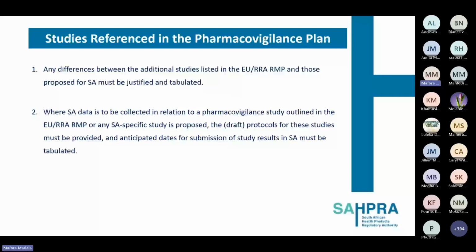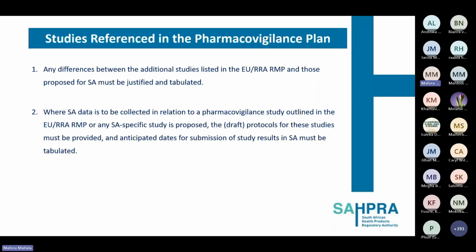So in terms of the studies referenced in the pharmacovigilance plan, any differences between the additional studies listed elsewhere and those proposed for SA must be justified and tabulated. So if you look at the SAHPRA requirements, where there are any differences between elsewhere and SA, you need to provide justification.